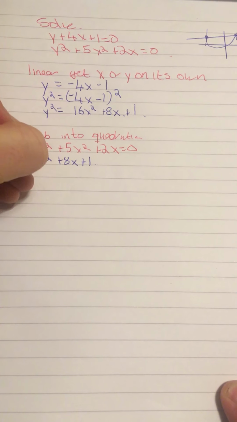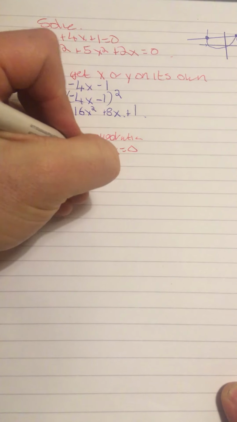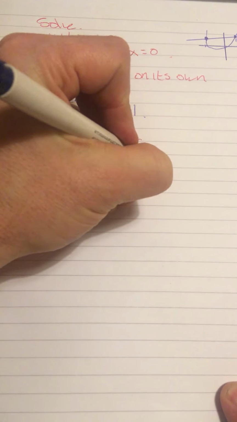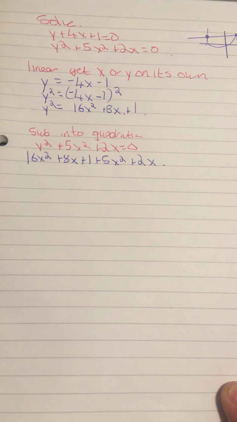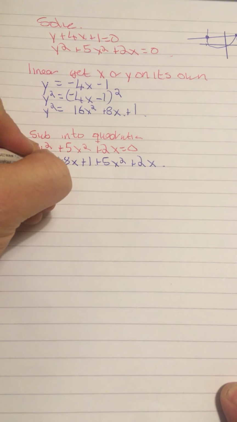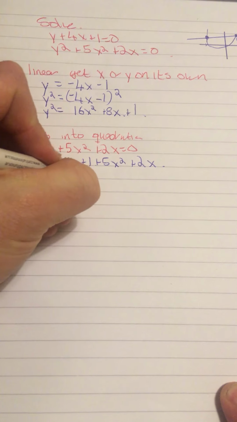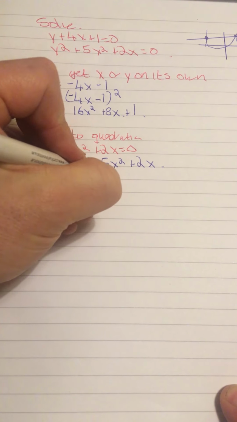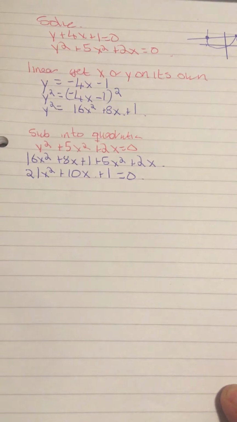Instead of y squared, I'm putting in this, and then I get back the rest of it. Tidy up, and plus 1. Right, so I end up with a quadratic.